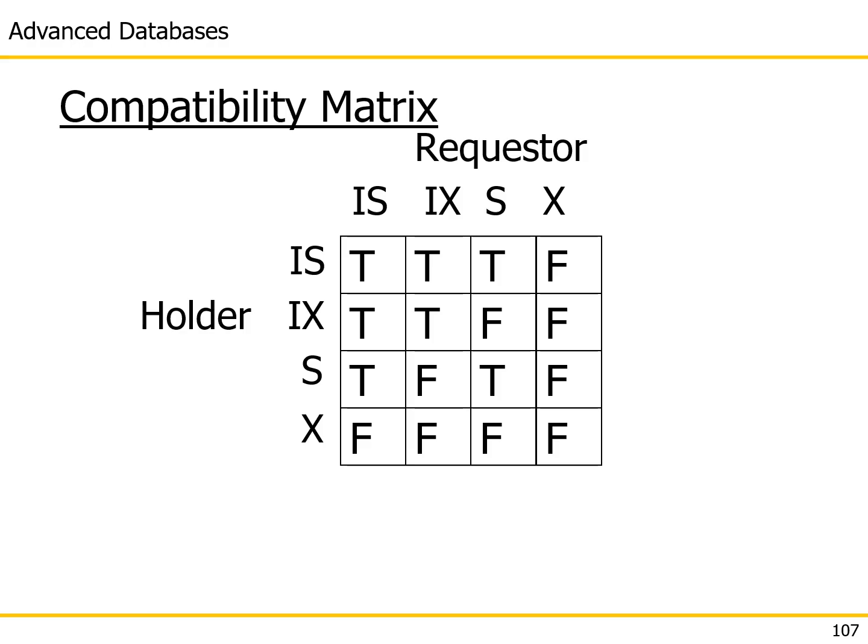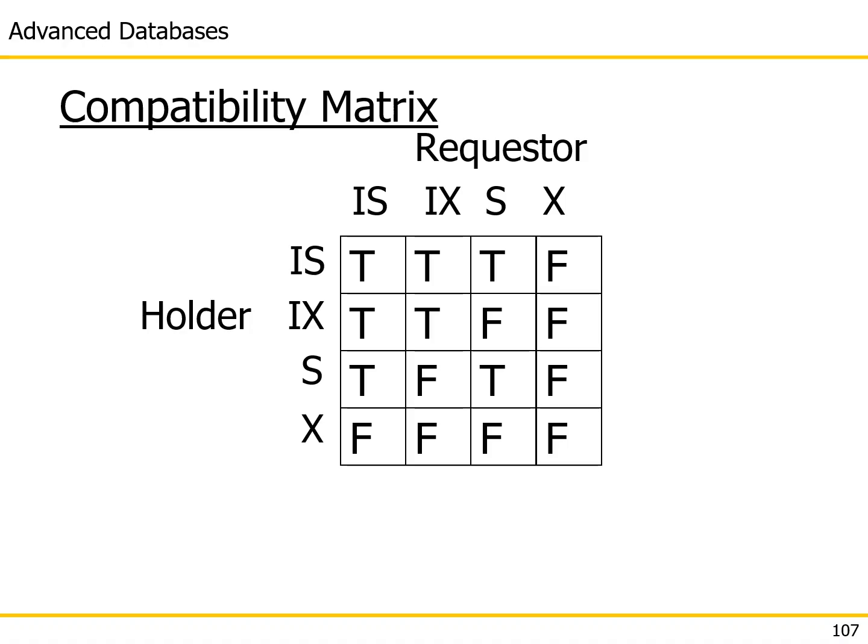For example, the holder will request an exclusive on T2, while the new requester requests an intention shared because it will request shared on T5, which is different. Same thing for intention exclusive.